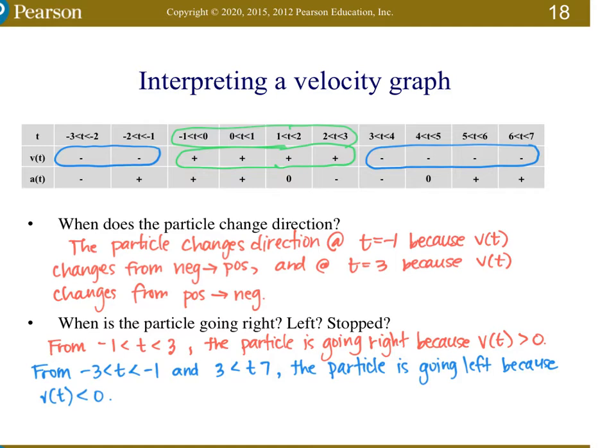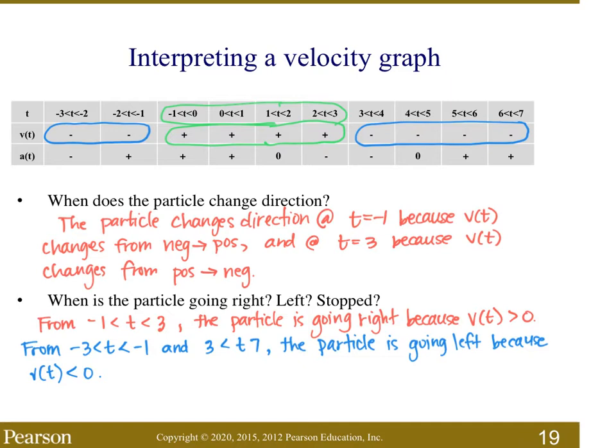Okay, now when is it stopped? Well, we've already determined when it was stopped. It's when it's changing from one to the other according to the intermediate value theorem. And so we'll finish this by the IVT.